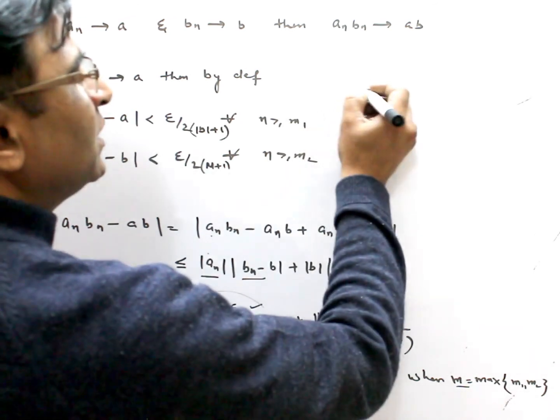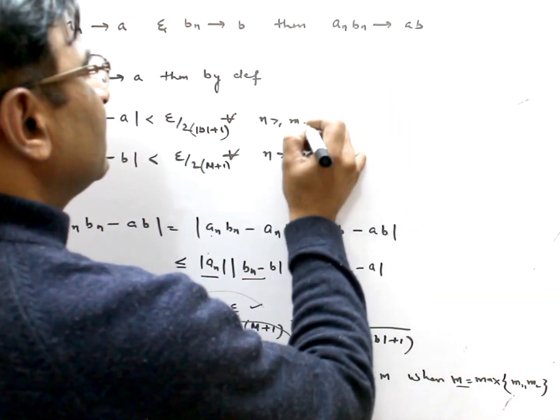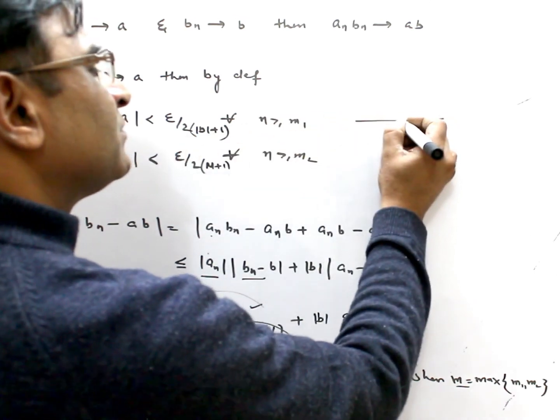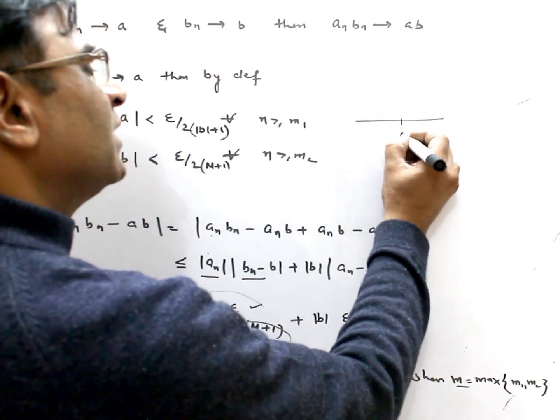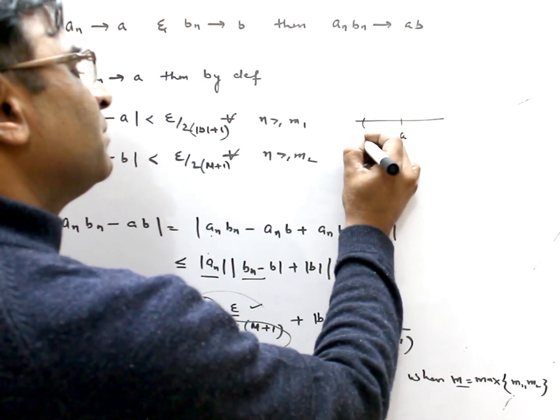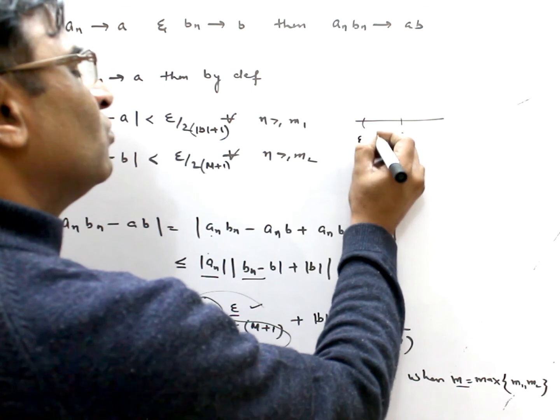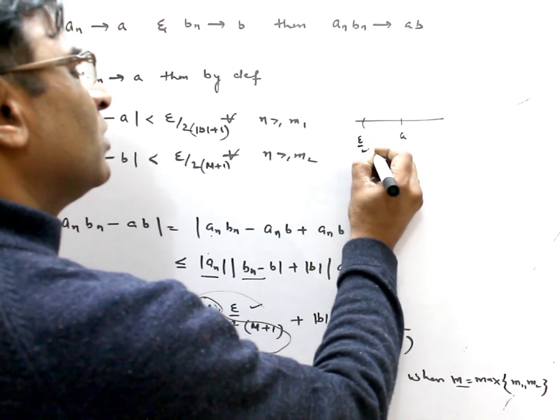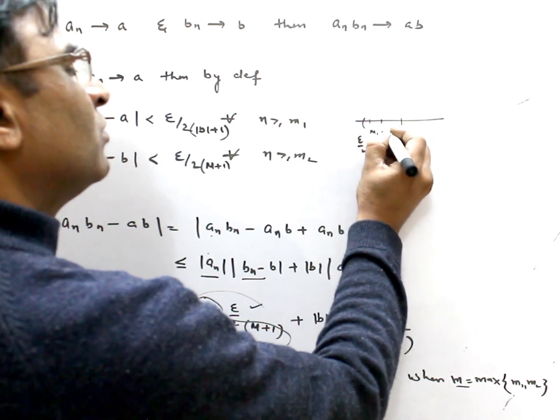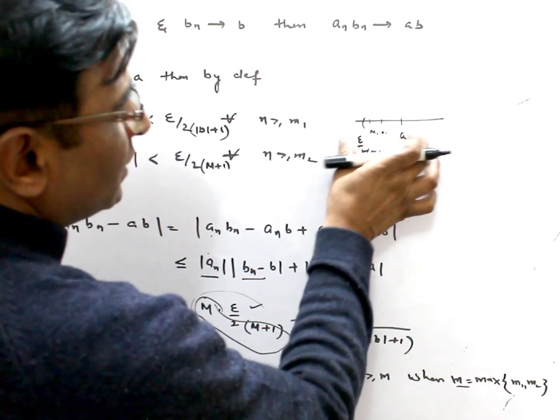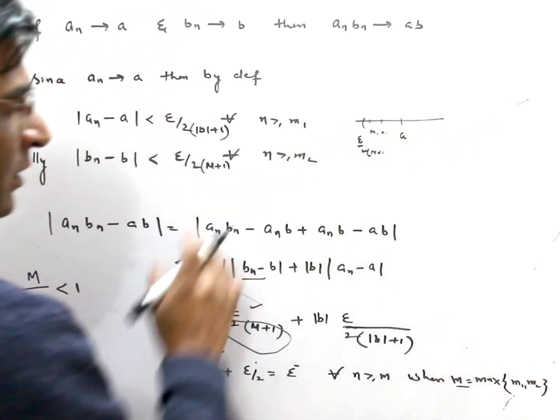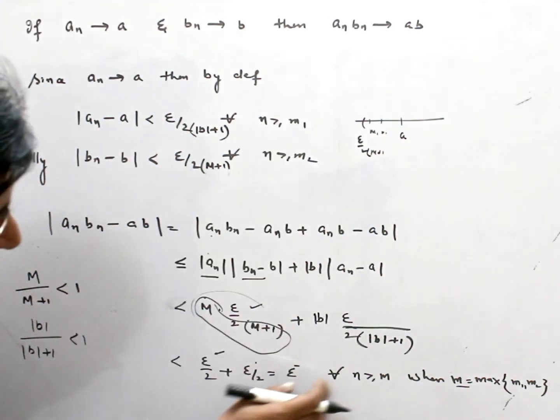This means if this is A, then this is epsilon by 2 into m plus, so here m1, m2, so I have to take the larger number, in epsilon.